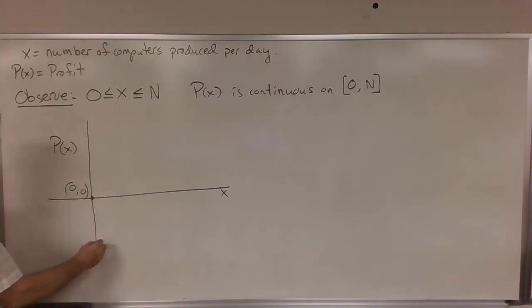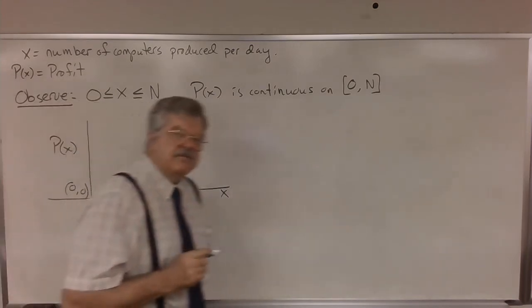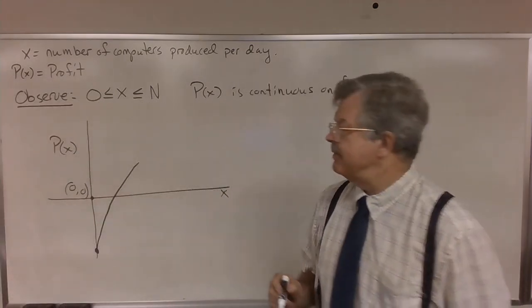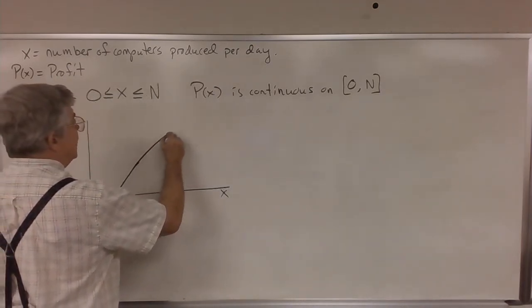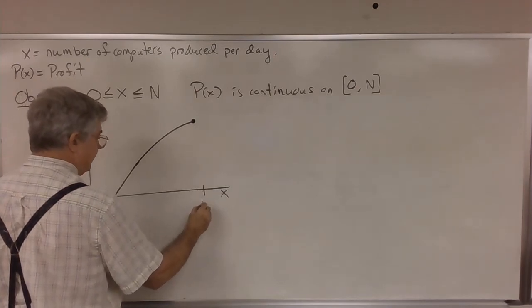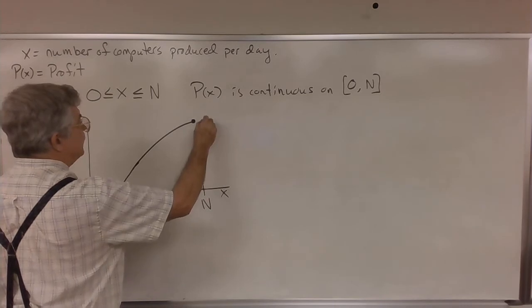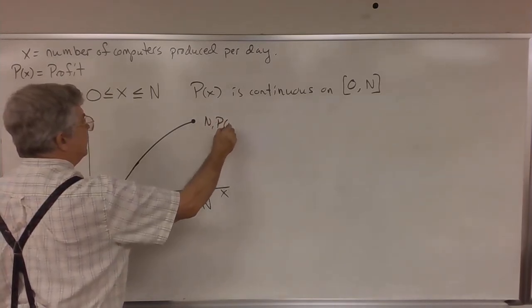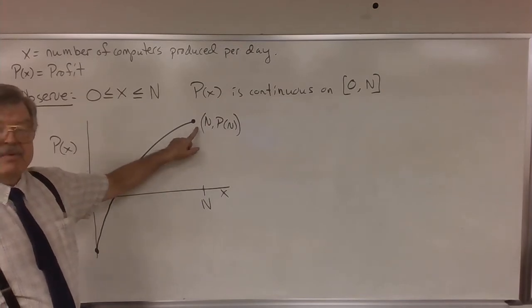Now, if I produce computers and I increase production, one of two things is going to happen. Either as I increase production, I'm going to hit this point right here, X equal capital N, and this is the high point of the graph.